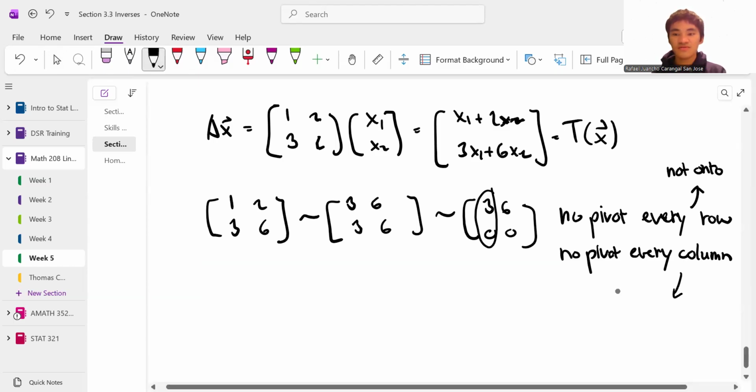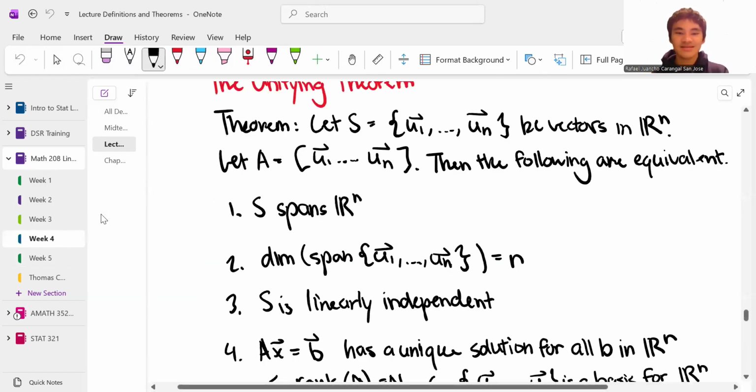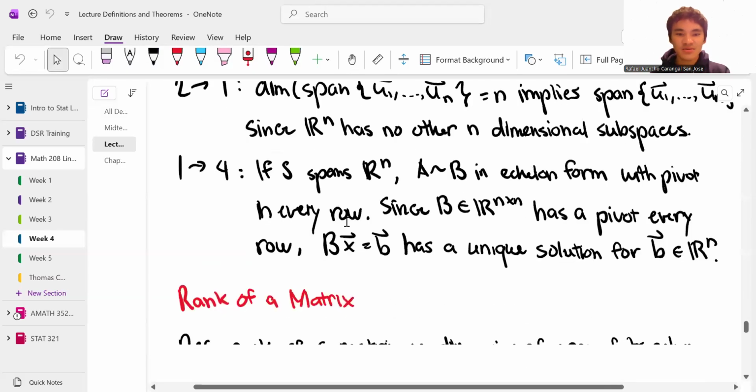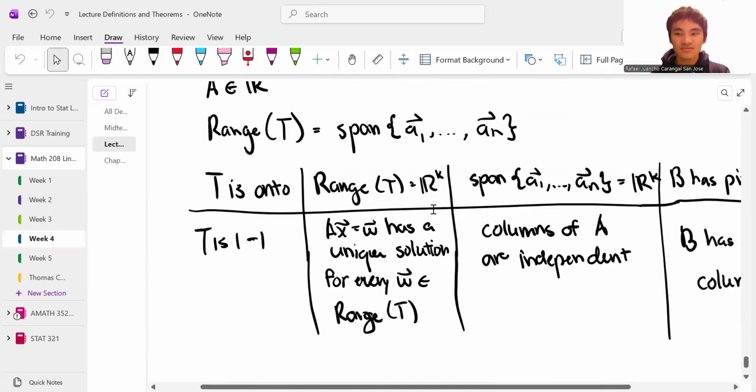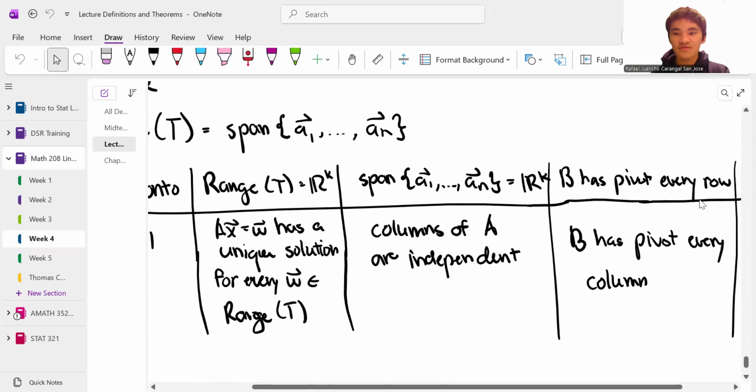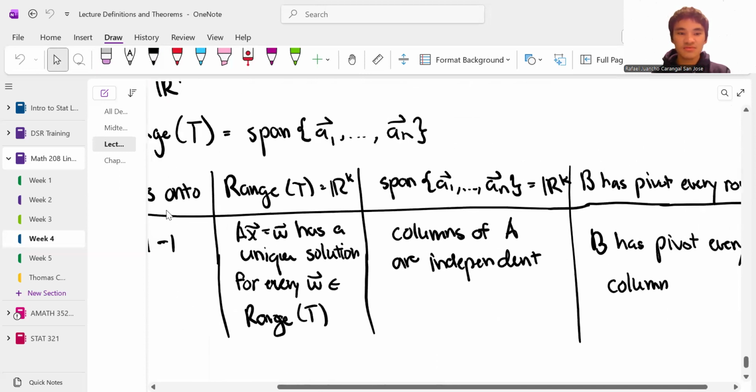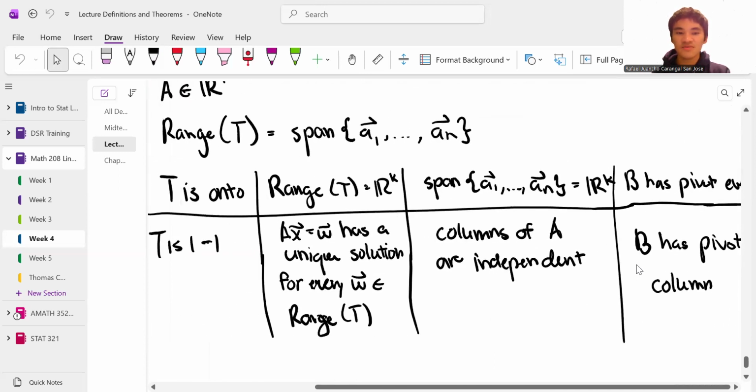If there's no pivot in every column, it's not one-to-one. So we're really just memorizing ideas here. Where did it say that? Here. If there's a pivot in every row, T is onto. If there's a pivot in every column, T is one-to-one.